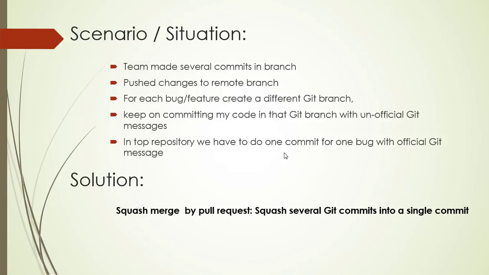But when they want to merge all these changes into the master branch, they don't want to commit all these changes with different names. Let us assume, for the feature, team B added some lines and deleted some lines, and finally committed the changes.